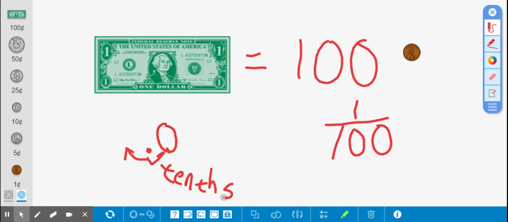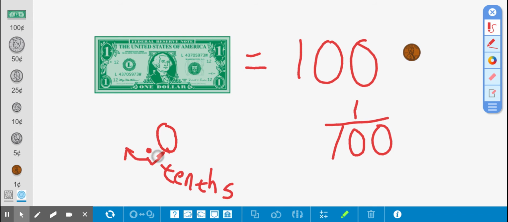And that would be represented if the dollar bill had been cut into 10 pieces, which in that case would be a dime.